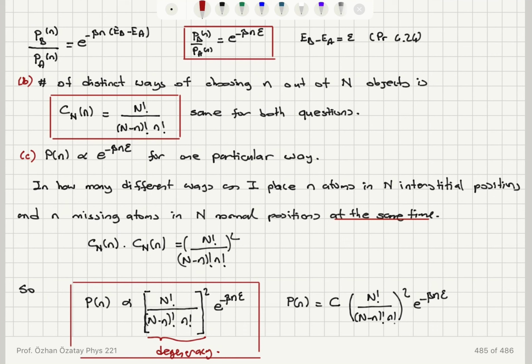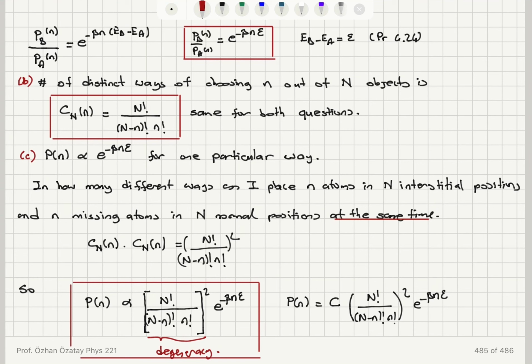The number of distinct ways of choosing, so now we're not talking about one particular configuration. We're asking in how many ways is it possible to have n out of capital N interstitial positions and n out of capital N normal positions, and they are both combinations of capital N objects taken n at a time.